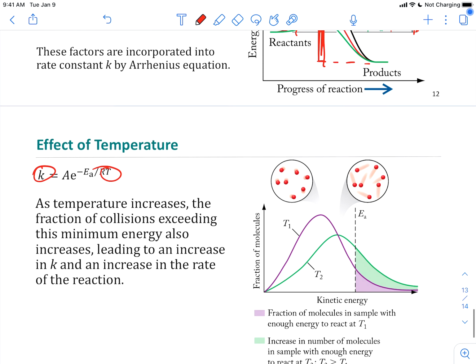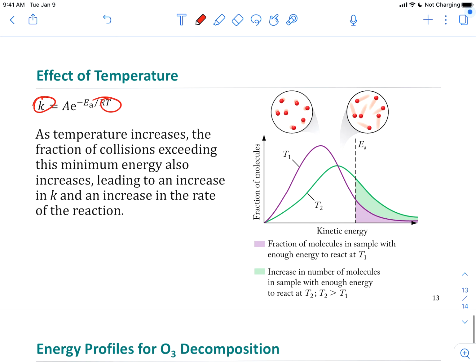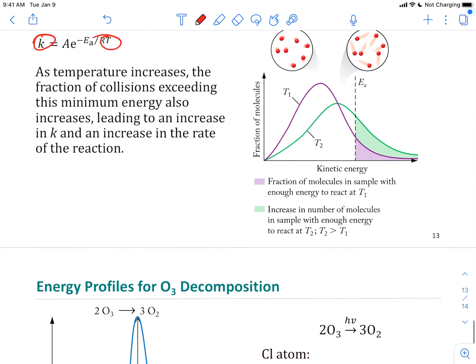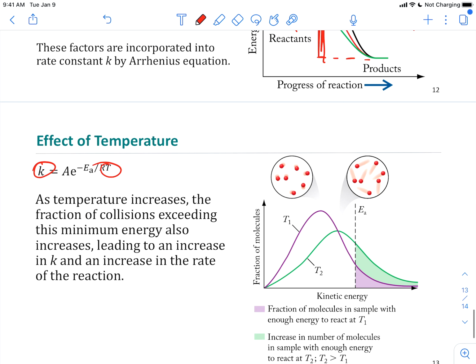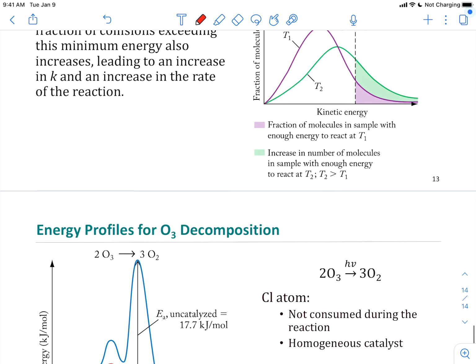So the rate constant actually is affected by temperature. So the fraction of molecules in a sample with enough energy changes as the temperature increases. And we'll look at this Arrhenius equation a little bit closer when we get to the lectures.